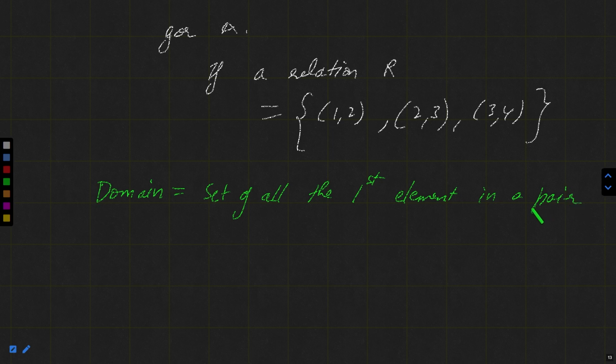So this means like this, this and this. So your domain will be {1, 2, 3}. I hope that it is clear.